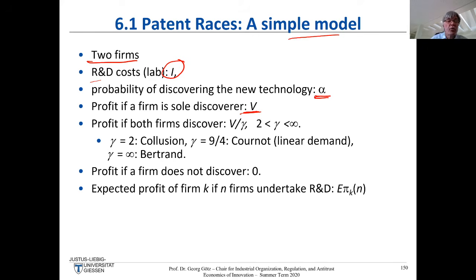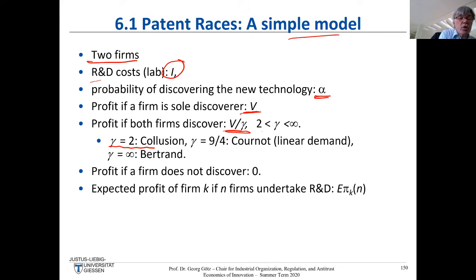If both firms are successful at the same time, you get V over gamma, and this gamma is something between 2 and infinity. It depends on the market structure you have after both innovated. If both innovated and they collude perfectly, you just get half of it, because you just share the pie.